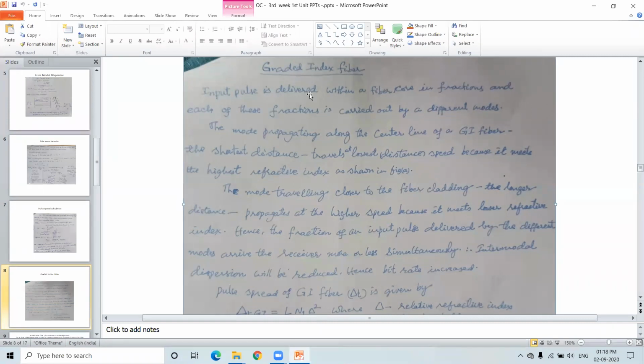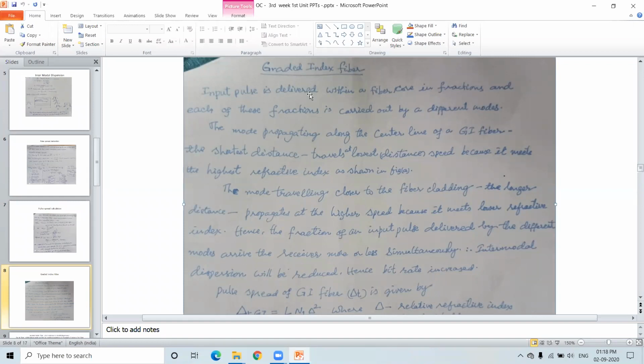Now, the next very important point is that the total core diameter is split into fractions of core refractive indexes. I repeat again, this is the important point. How can we have different velocities when the light travels in terms of modes in the graded index optical fiber?